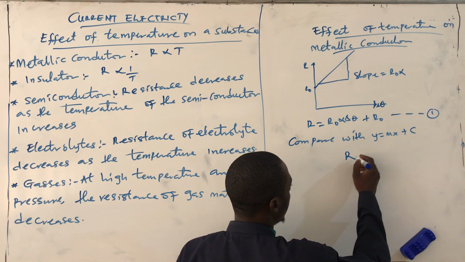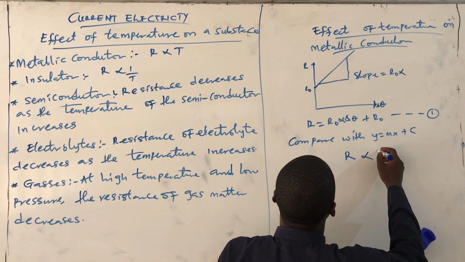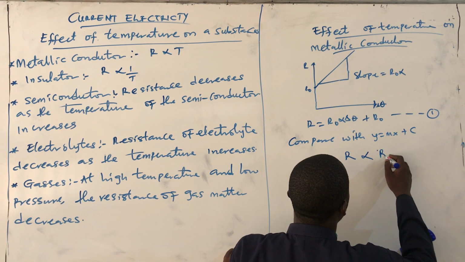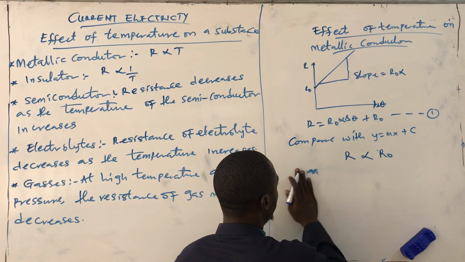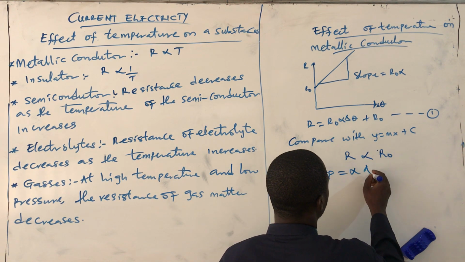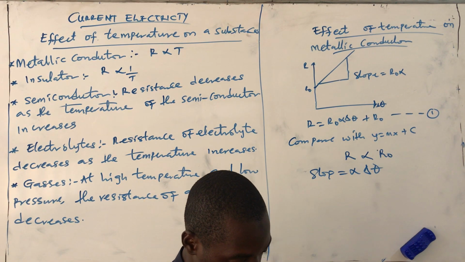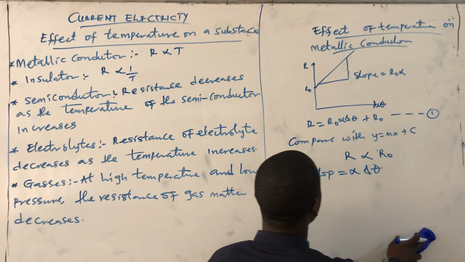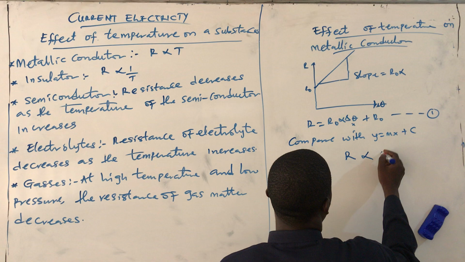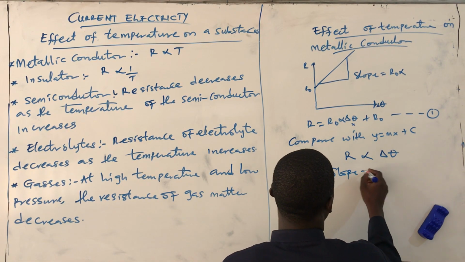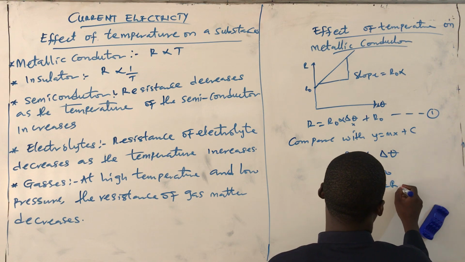Because we are plotting the graph of R against change in temperature, the slope will be equal to alpha R naught, and our intercept will be equal to R naught.